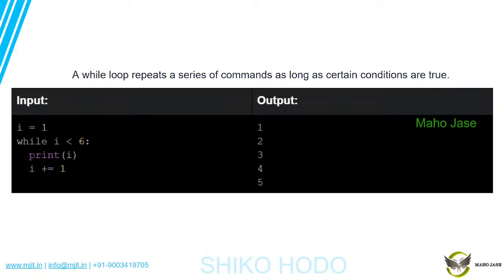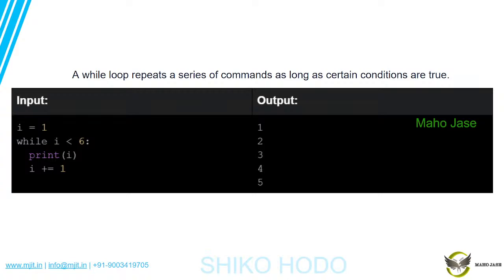So that means, take an example of a real life scenario. If a student was told to count from 1 to 10, but he should check the condition that if a number is less than 6, he should stop.